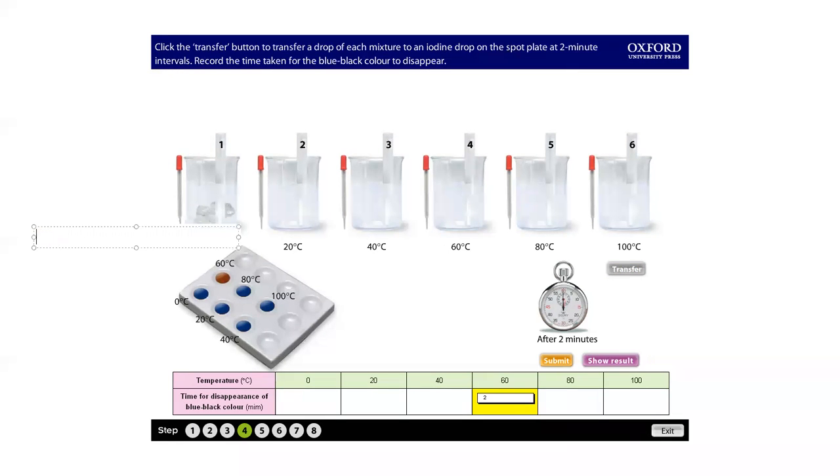So it means that in 60 degrees Celsius, the reaction mixture does not have starch or it is broken down by enzyme.